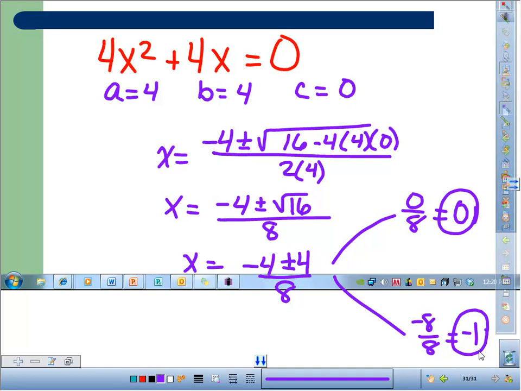Okay? If this number underneath, this discriminant, is negative, can you take the square root of a negative number? No. So for today's purposes, it would be no real solution. However, not tomorrow, but the next day, we will deal with that negative because it's an imaginary solution.